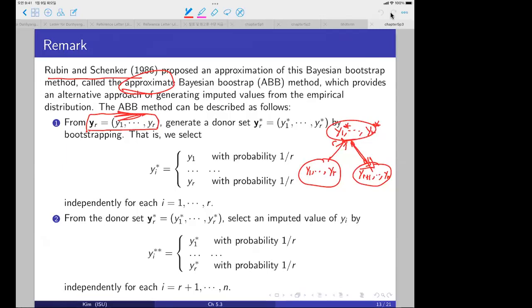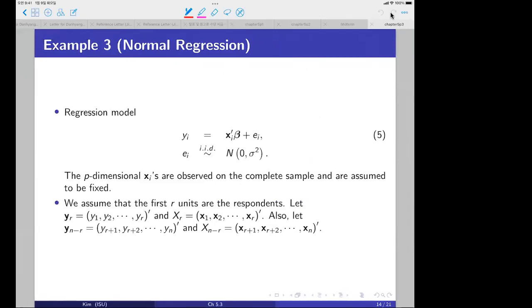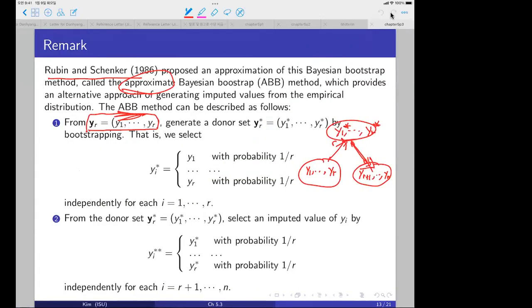Because you are using the same model, they must have the same population, so we need to reflect the uncertainty in constructing our population, something like that. So that basically takes care of the Bayesian bootstrap.